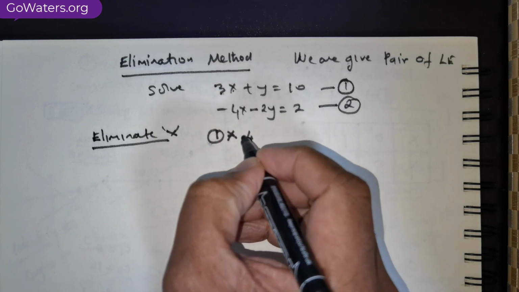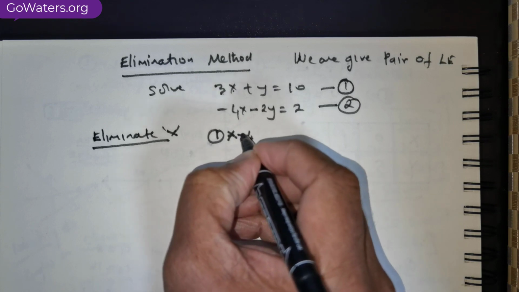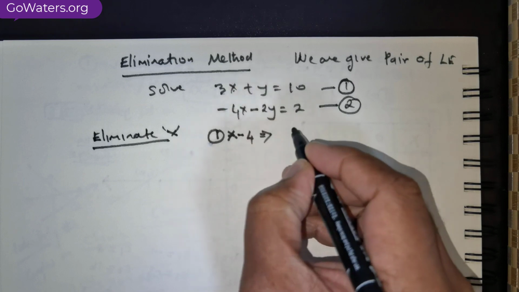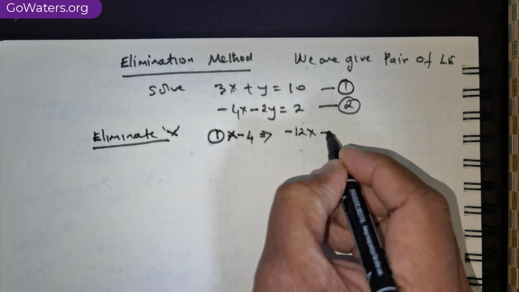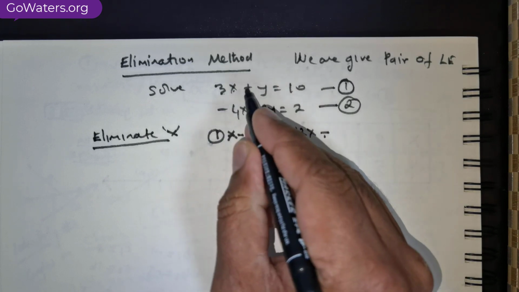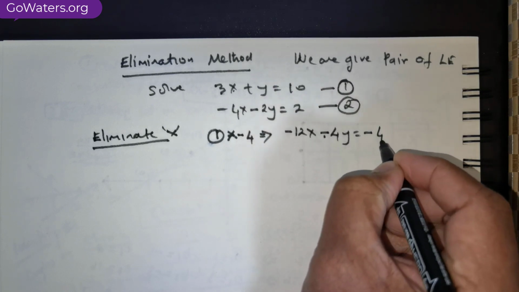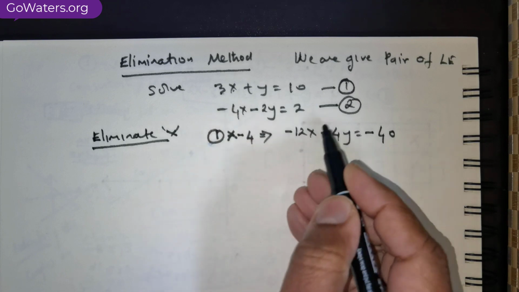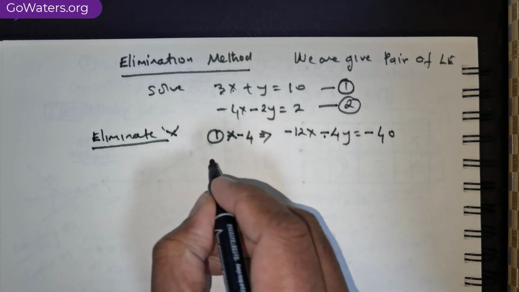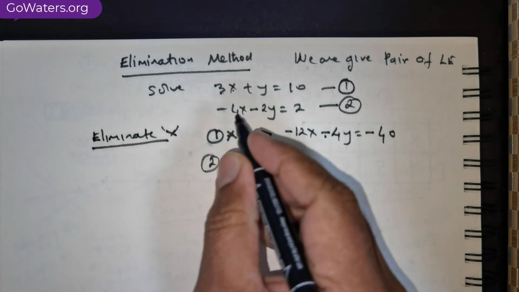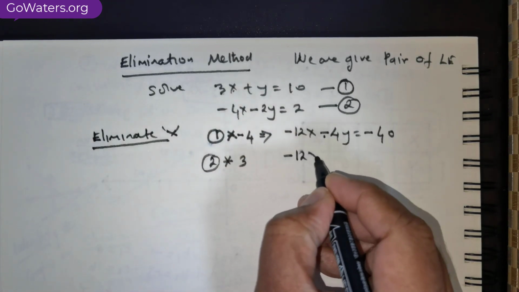So what I will do is I will multiply equation 1 by negative 4, and that would give me negative 12x, positive times negative is going to be negative 4 times y is equal to negative 40. Now equation 2, you multiply it by 3, because if you were to do that you will get clearly negative 12x, right?